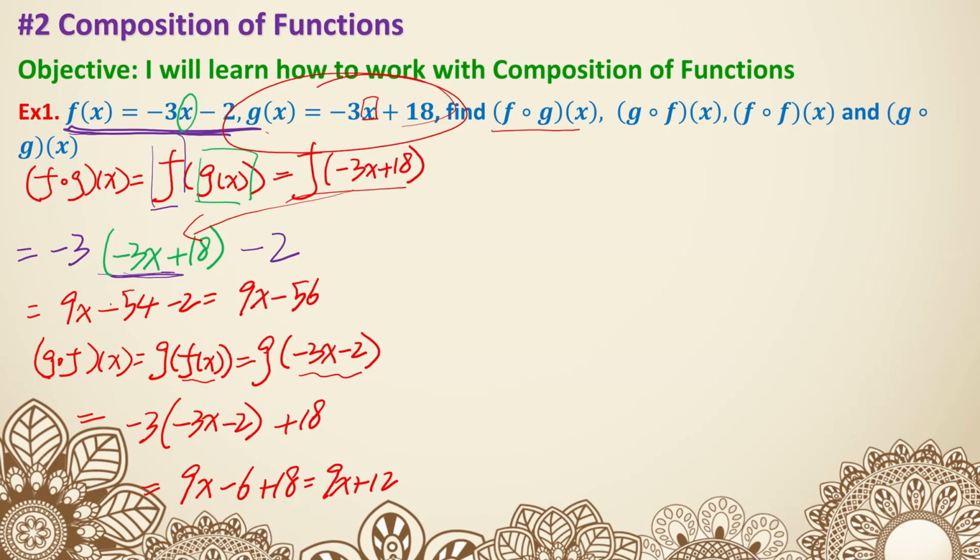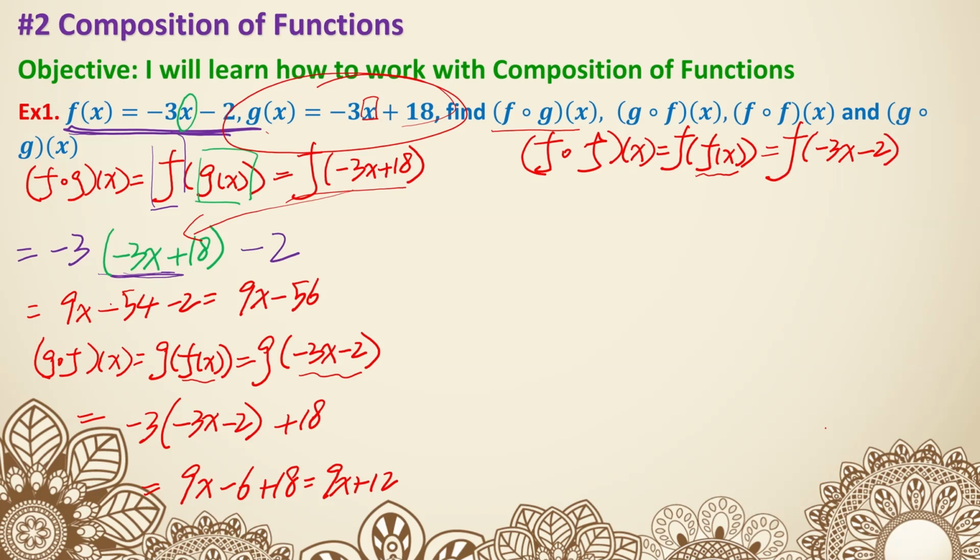There you go. You can pause here and try to do the next two, f of f and g of g. Let's have a look. f of f. So it's f of f of x. I'm always replacing the inner one, so I'm keeping the f on the outside. I know what f of x is. It is -3x minus 2.